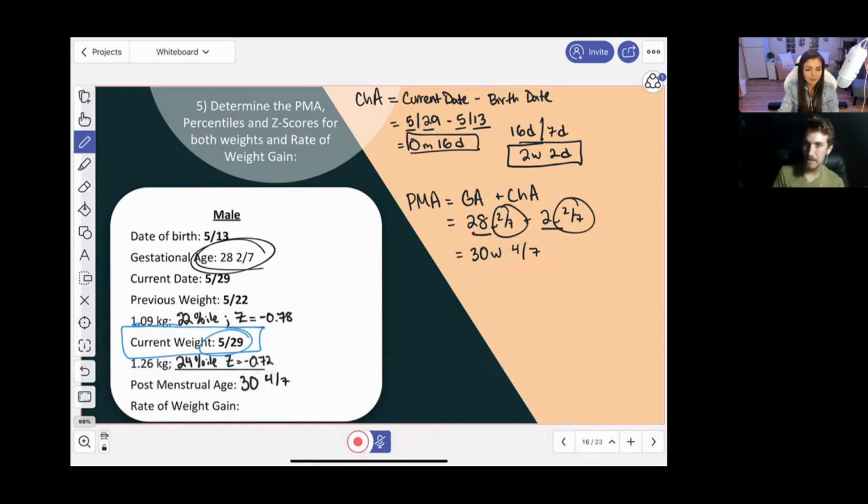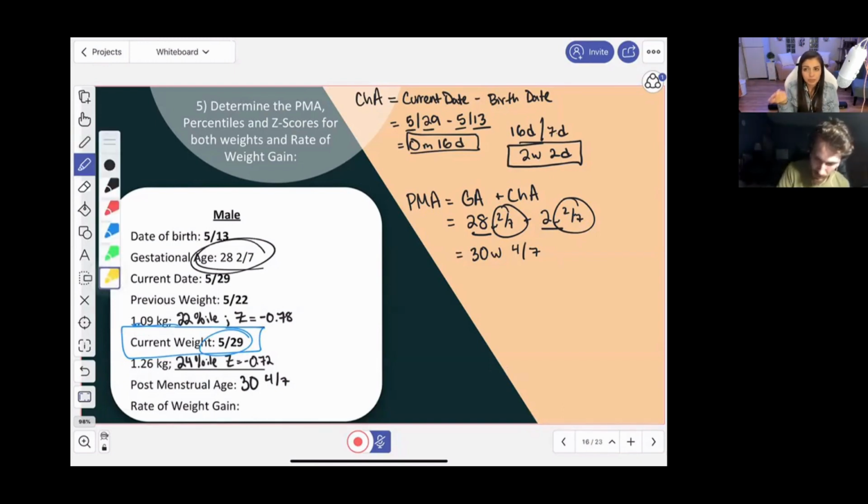Now we've got our postmenstrual age, so we want to get our rate of weight gain. To do that, we subtract the previous weight from the current weight. We take this weight here and subtract it from this weight here.